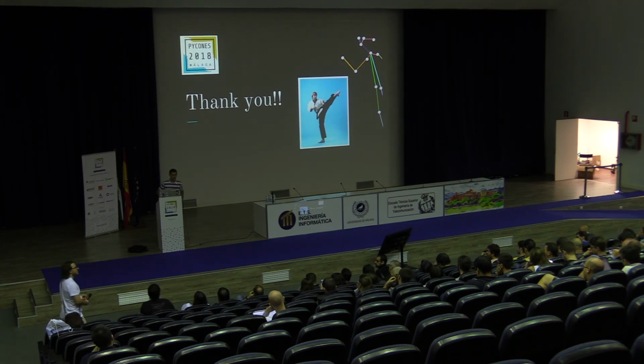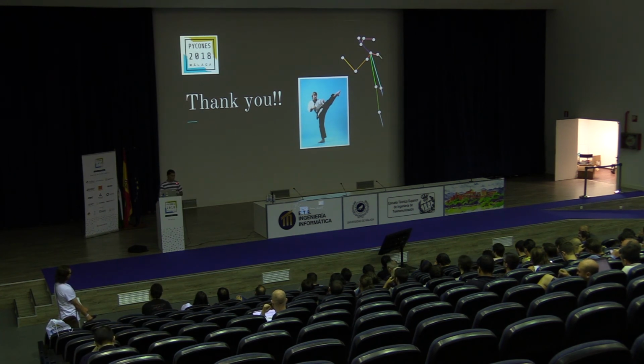Okay, thank you for the question. You have several options. One is using a neural network with a memory that traces the last frames to learn the usual movements of ballet.